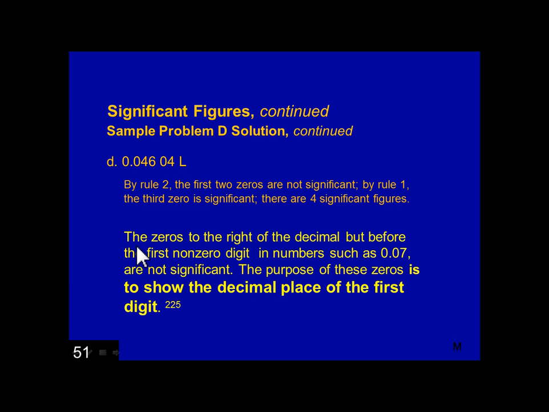Okay, so add this to your notes if it's not there already. The zeros to the right of the decimal point but before the first non-zero digit, in numbers such as 0.07, are not significant. They're important. They're placeholders. They show the decimal place of the first digit.